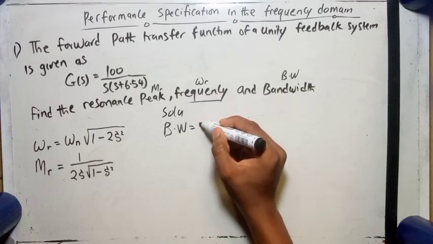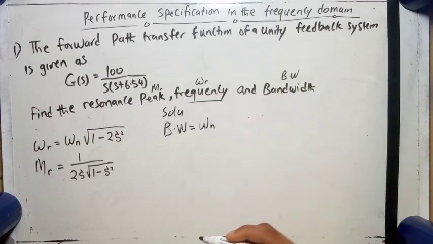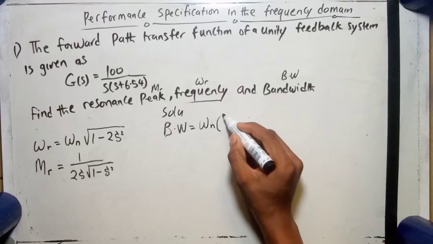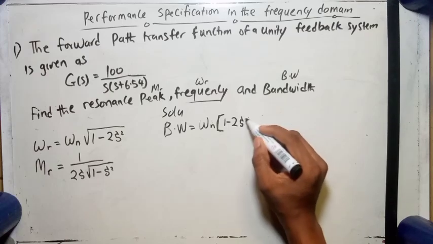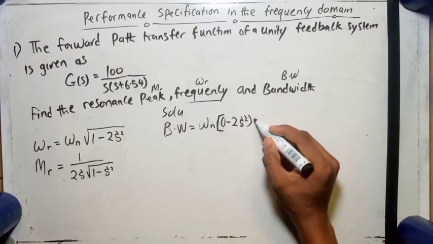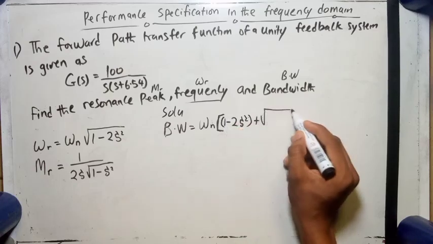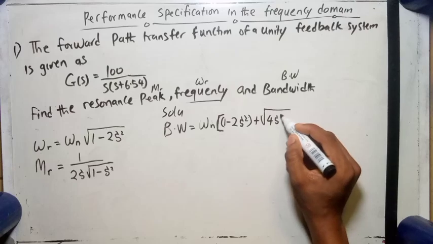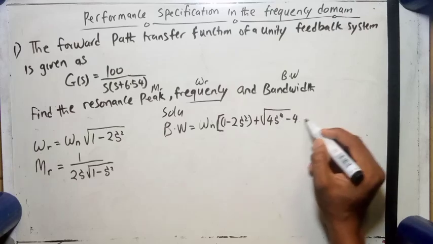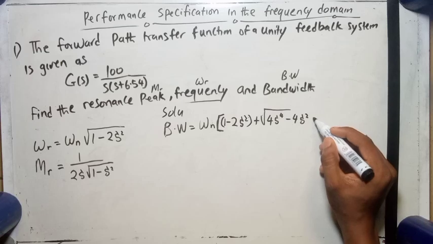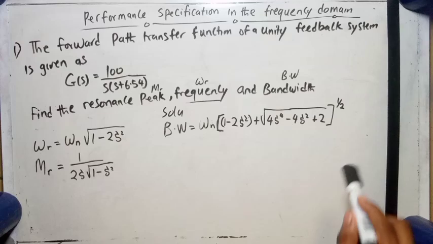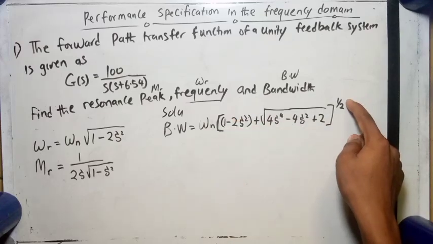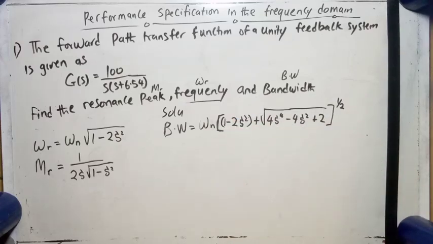Our bandwidth is Wn, our natural frequency, multiplied by 1 minus 2 zeta square, you close the bracket, then you add it to the square root of 4 zeta raised to the power 4 minus 4 zeta raised to the power 2 plus 2. All of these you square root all of them, that's what the 1 over 2 means in indices. So that's just the formula.